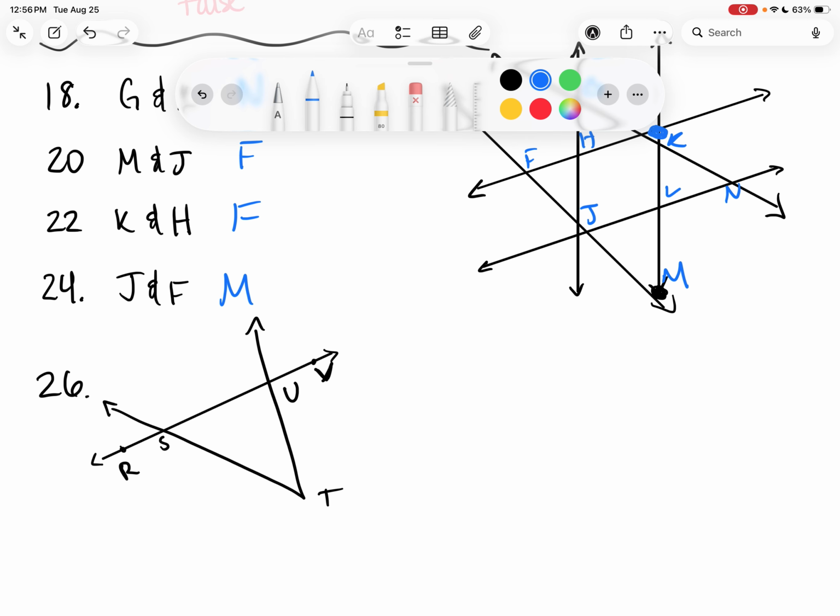So I need basically 3 letters that aren't all in line with each other. You can just say it. V, T, R. V, T, and R. What's another option? R and Q? RSU. Oh, wait. Nope. R, S, U are all on the same line.